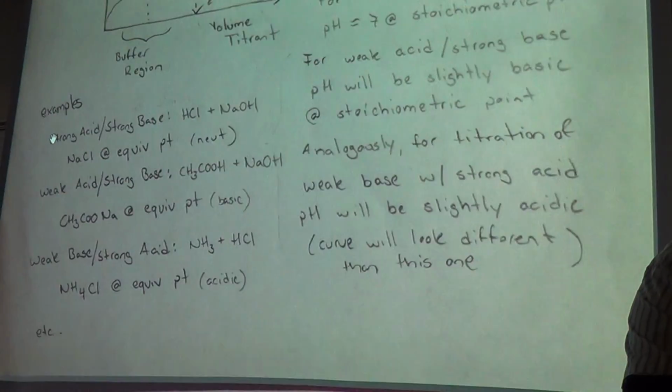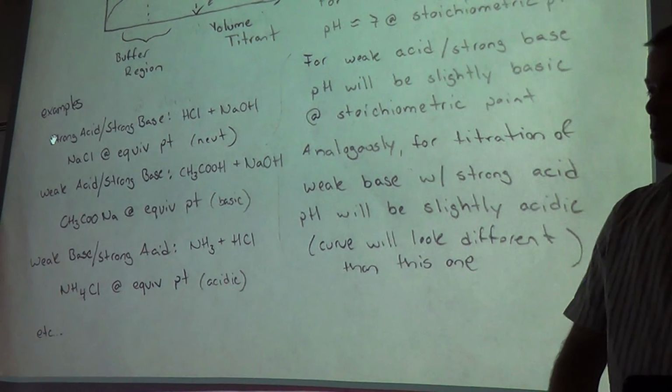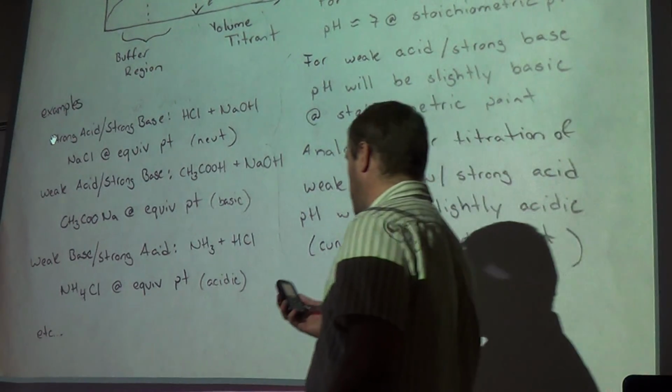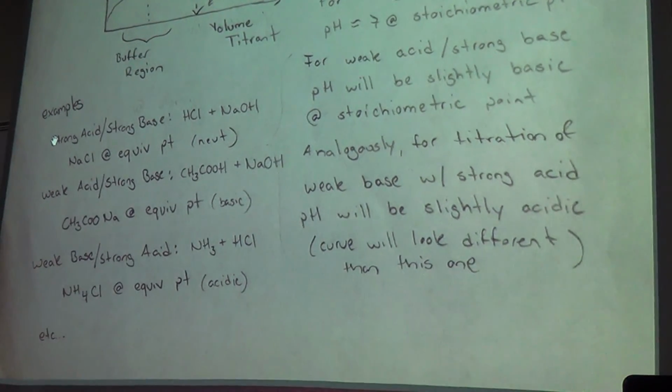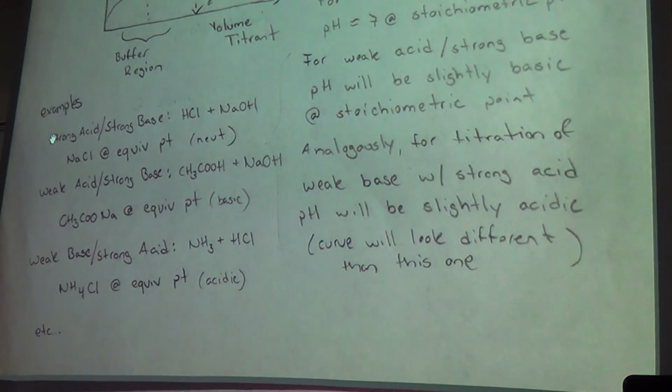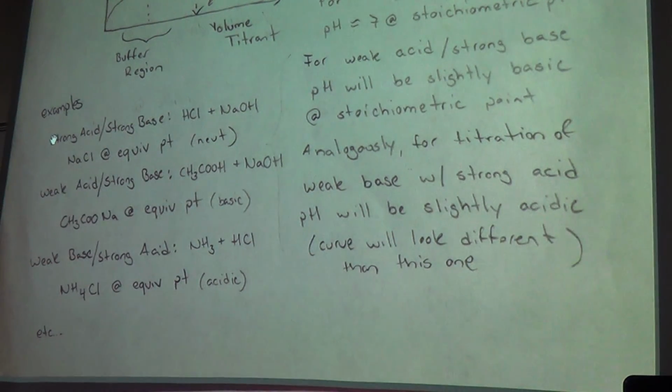And so all of that is kind of itemized down here, the expectations that you would have for these titrations being a function of whatever species you're left with at the end point of the titration.